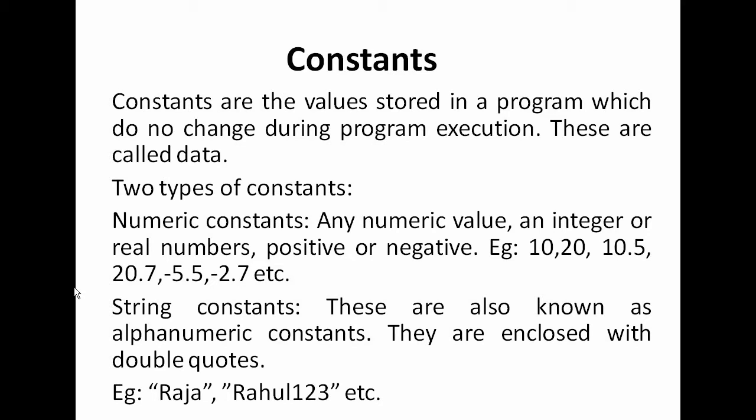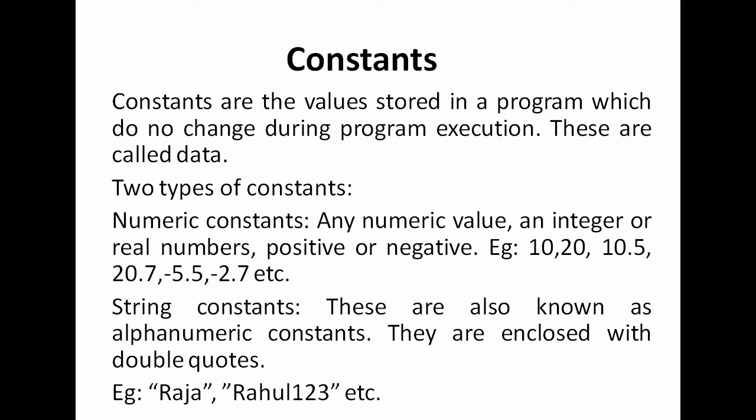When we talk about real numbers, a real number means a value that has some decimal points. For example, 20.7, minus 5.5, minus 2.7. These point values are nothing but real numbers. But remember, they are constants. Why are they called constants?